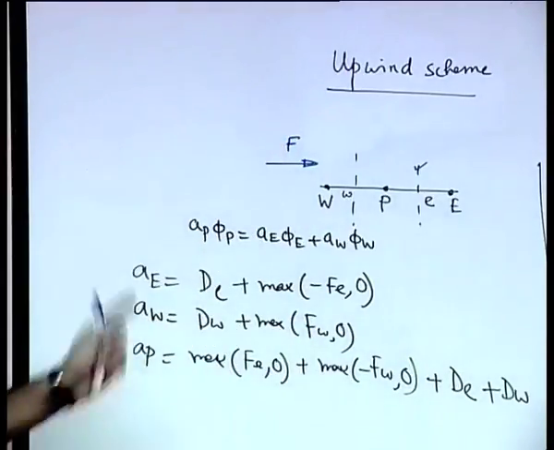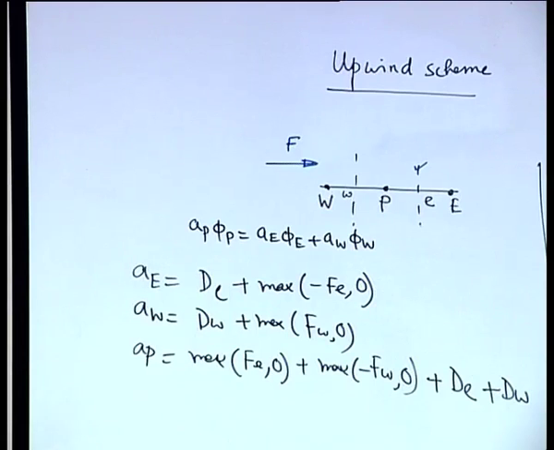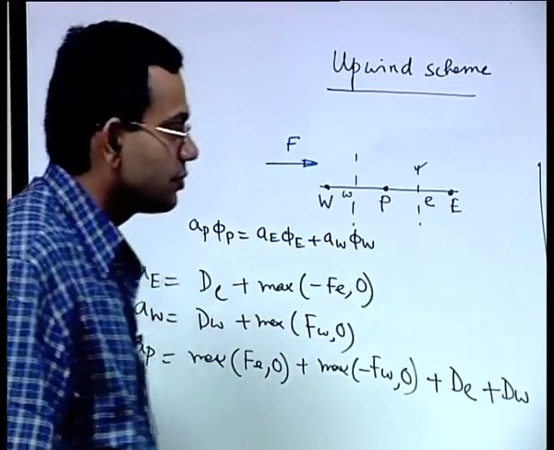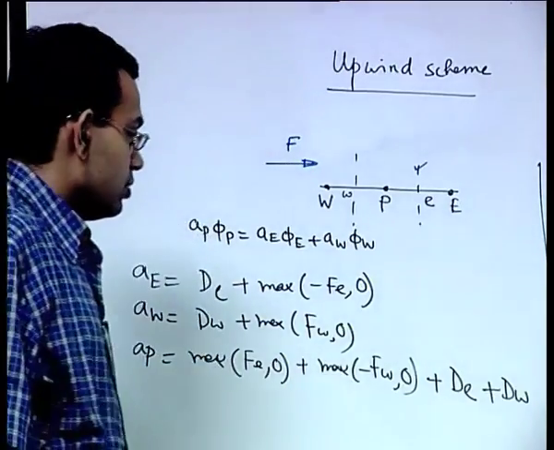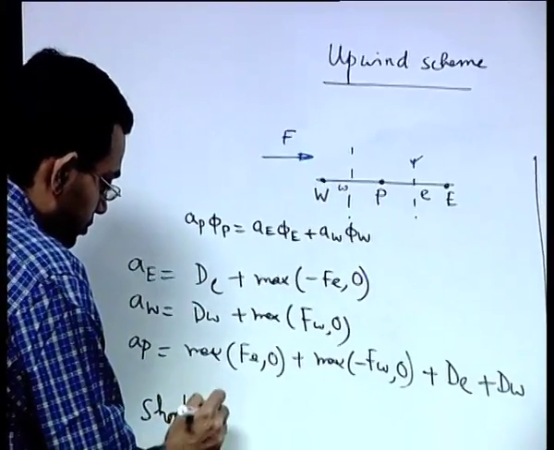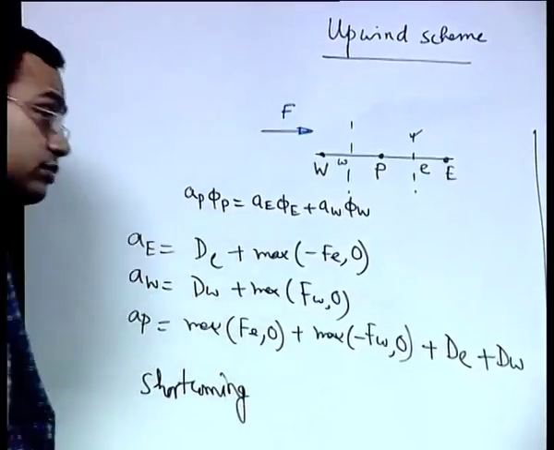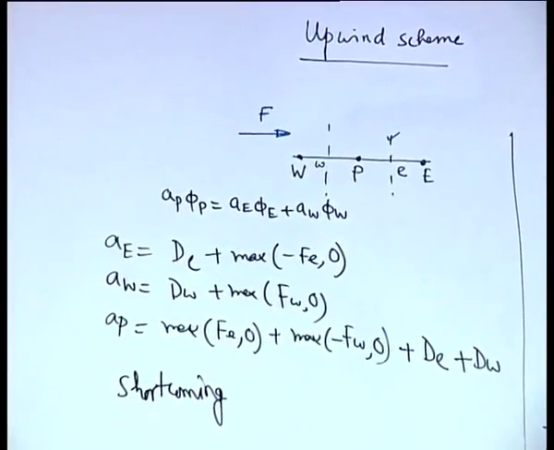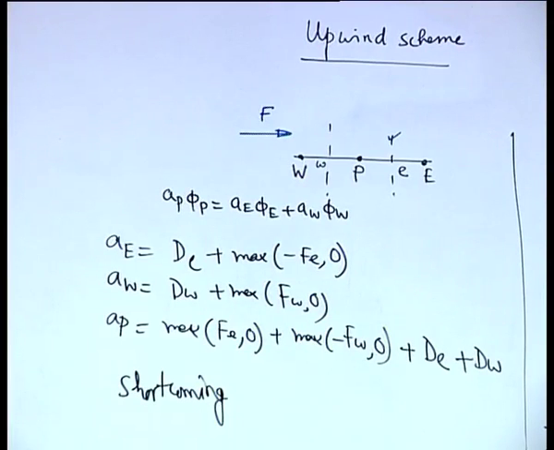Now, despite being physically consistent, there are still some shortcomings with this scheme. What are the shortcomings? When you use the upwind scheme you tend to use it for a case when there is a strong unidirectional transport.